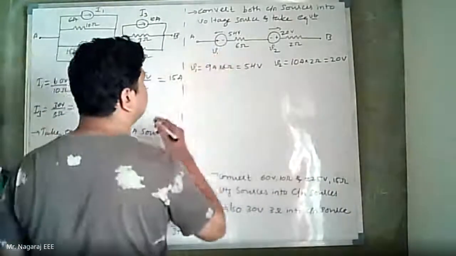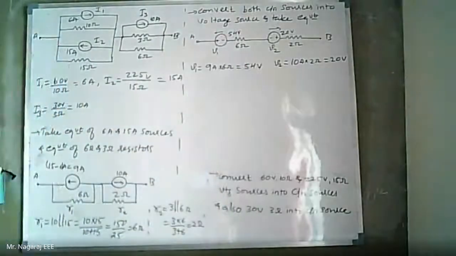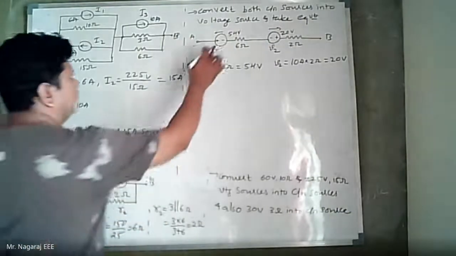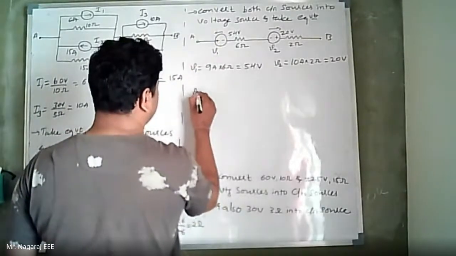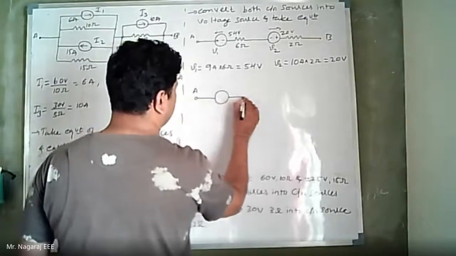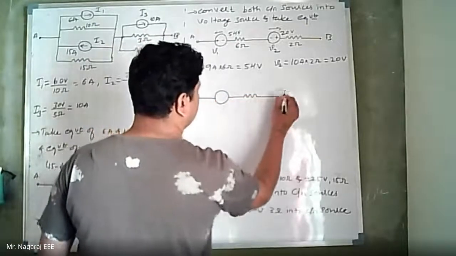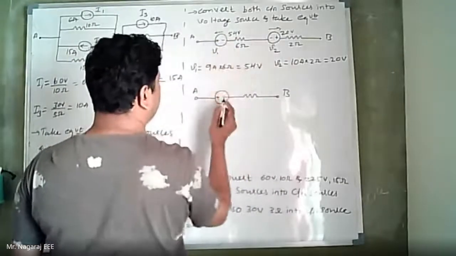Take the resultant 54 volts minus 20 volts because both are in opposite direction. So the direction of resultant voltage source will be the direction of larger voltage value, that is 54 volts, terminal A. So 54 minus 20.